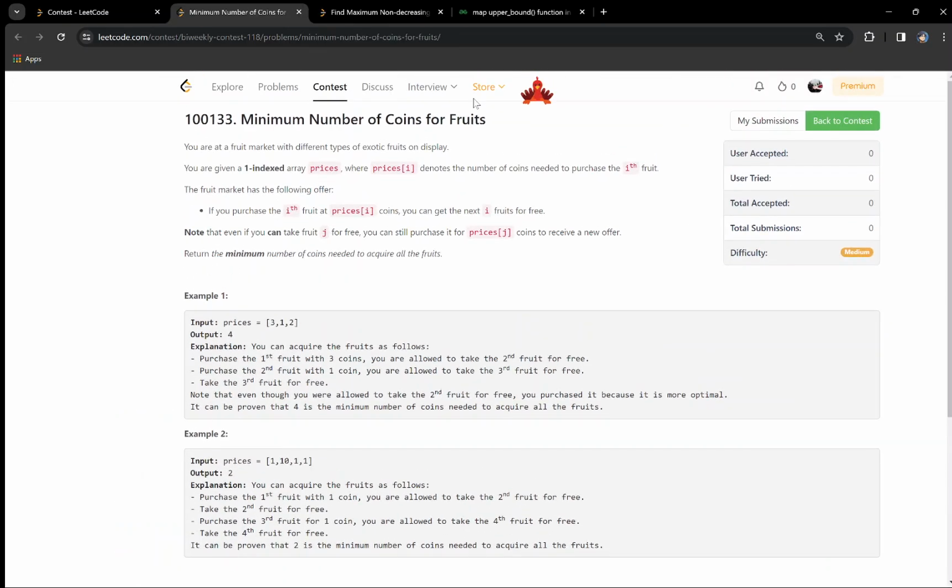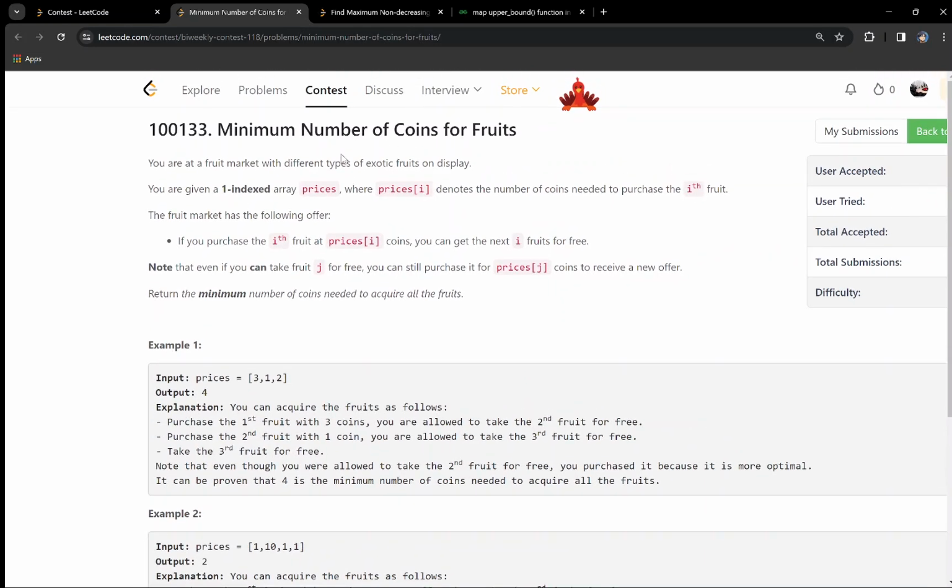So we got accepted. Moving on, what is this? Minimum number of coins for fruits. You are at a fruit market with different types of exotic fruit on display. You are given a one indexed array prices where prices of I denotes the number of coins needed to purchase the ith fruit. The fruit market has the following offer.